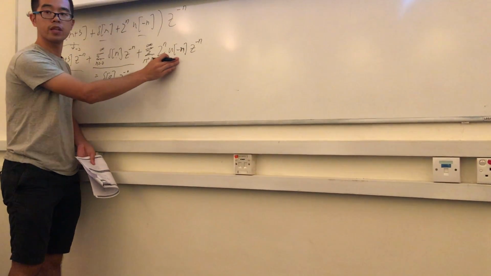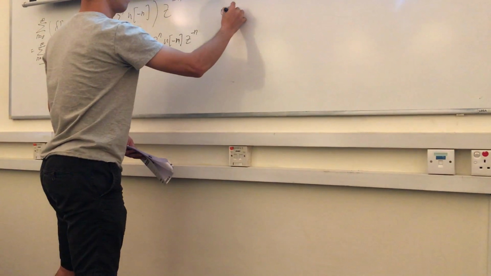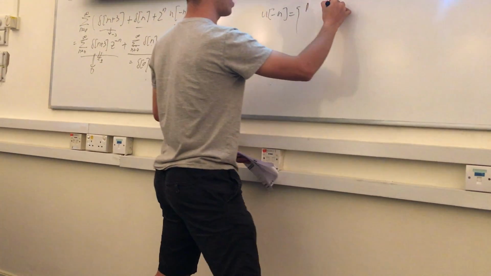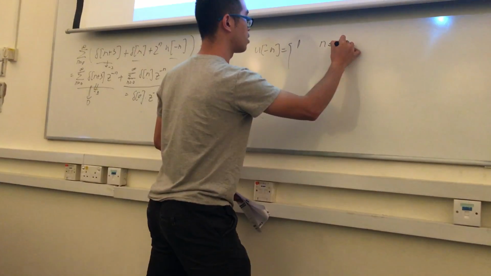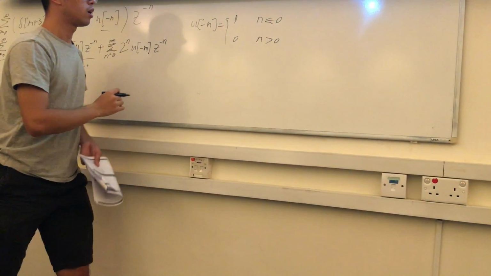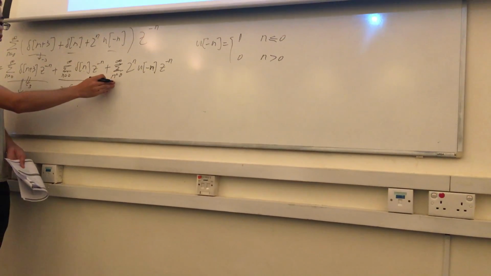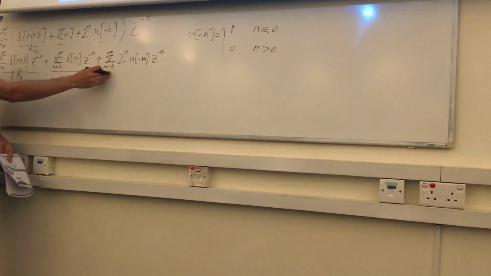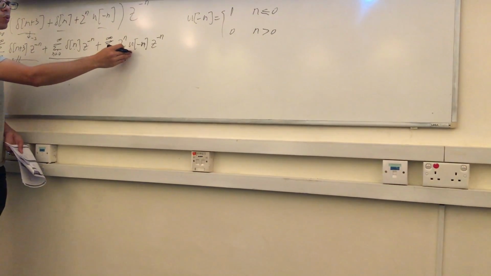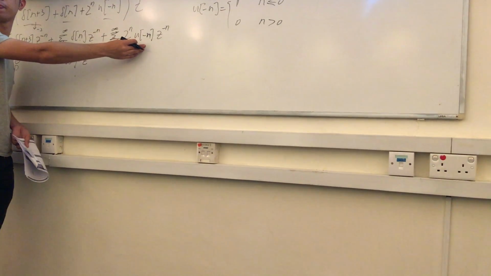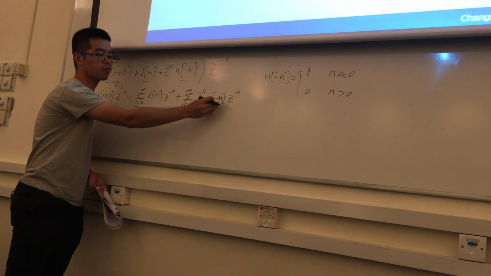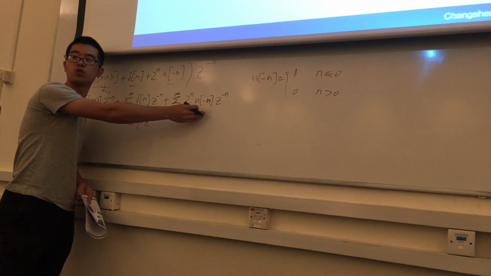For the last part, this one, u minus n, has value equal to 1 when n is smaller than 0. In other places, it is equal to 0. Because now the domain is from 0 to infinity, it only has value when n is equal to 0, because for positive n, minus n is negative, so it is equal to 0.